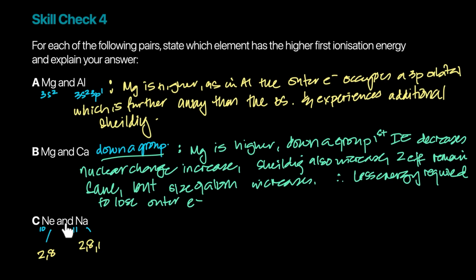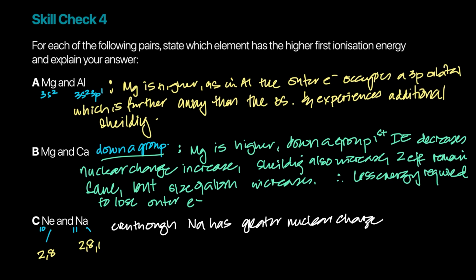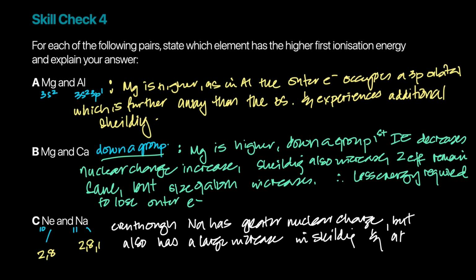In the last one, why is sodium's less than neon's? Because even though sodium has greater nuclear charge, and that should mean it has greater ionization energy, it also has a large increase in shielding and atomic size because of a new shell.